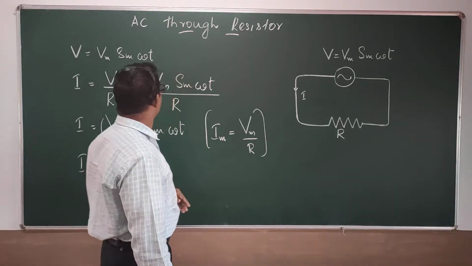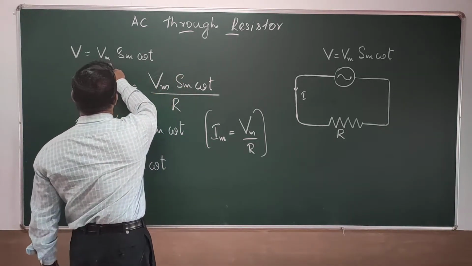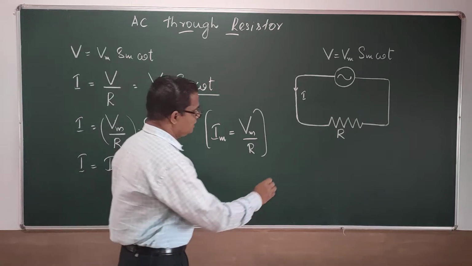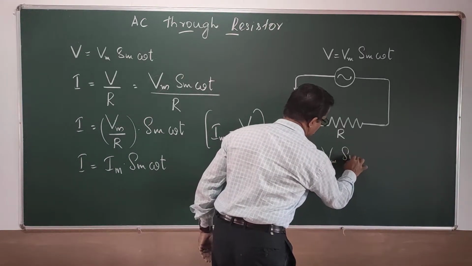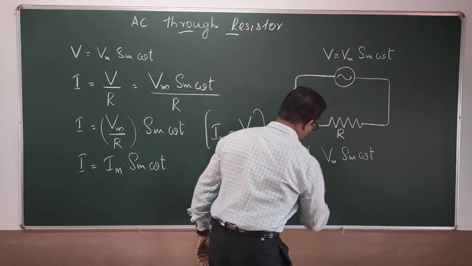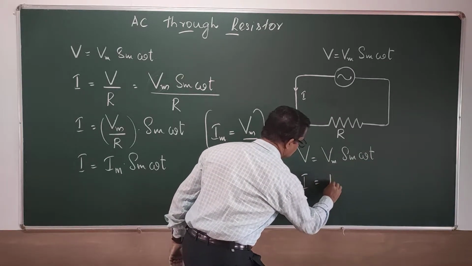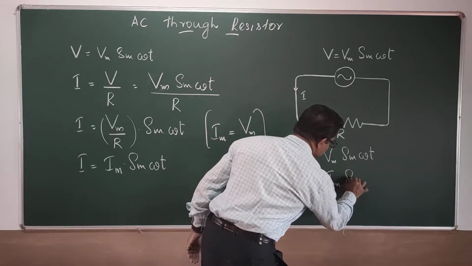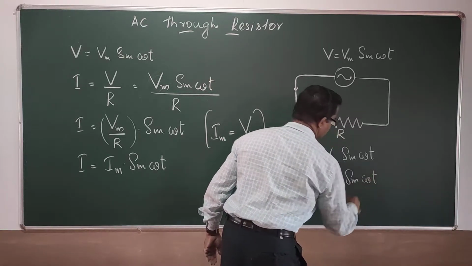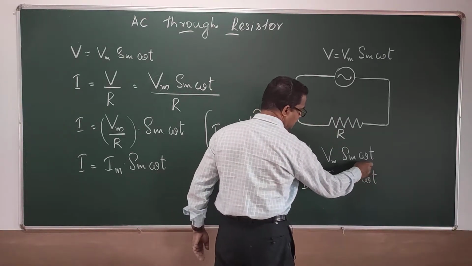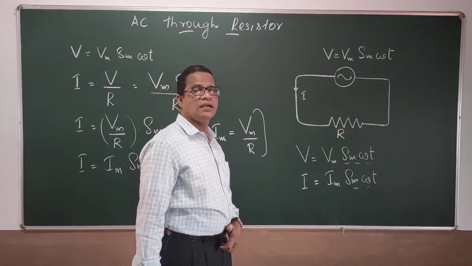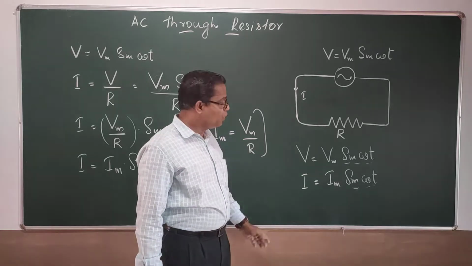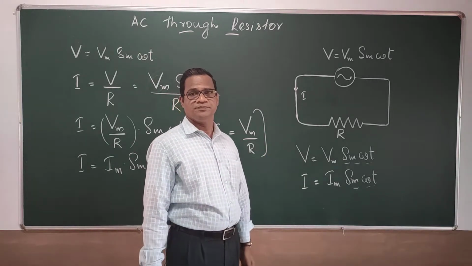Another thing is that we got V equal to Vm sin omega t, and I equal to Im sin omega t. So depending upon this, you can say that here the current and voltage are going in phase.